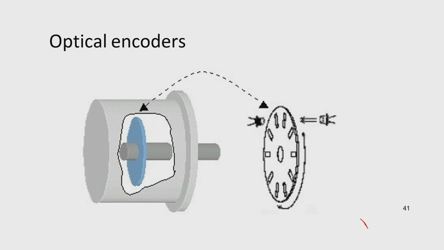Suppose one ray has passed through one hole, then the second hole comes, then the second ray. Then you know that if the second light has come, displacement has taken place equal to the distance between two holes.